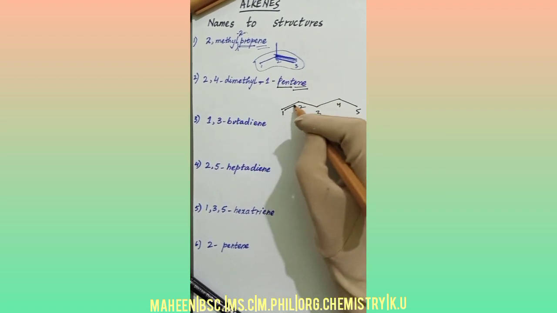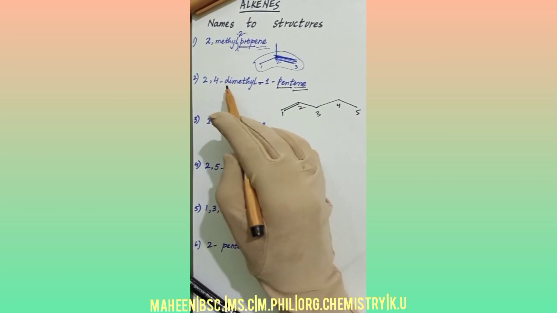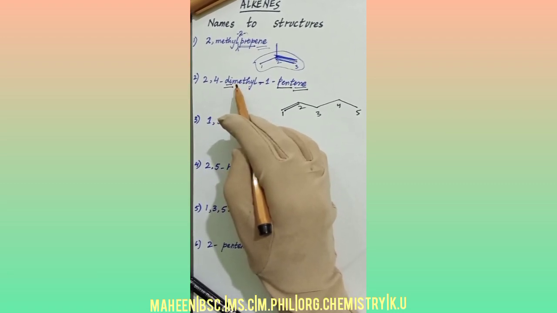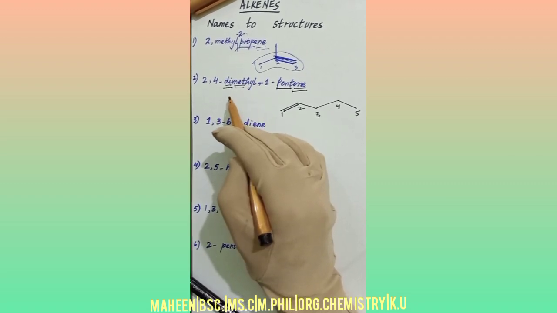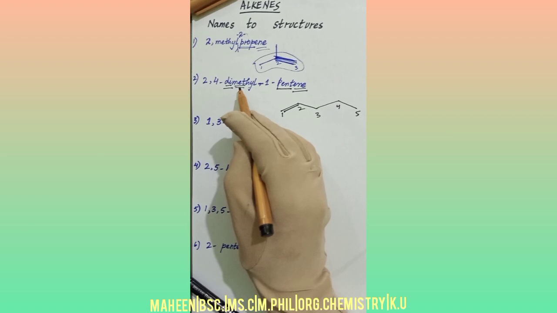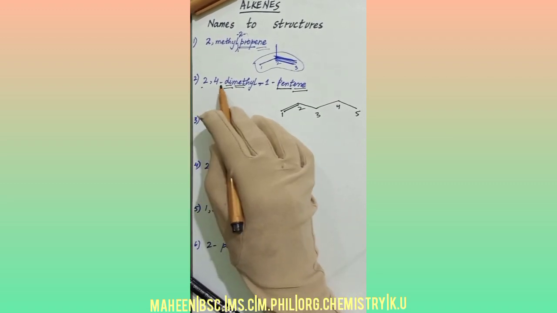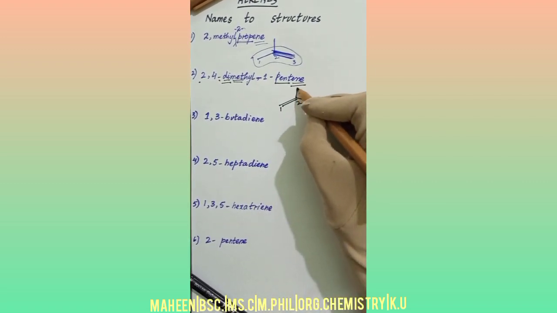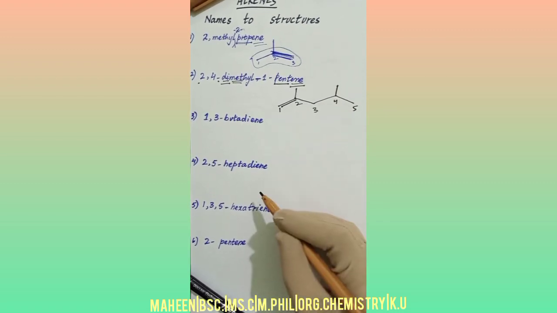Okay, double bond here. And coming to the next portion, dimethyl, it means 2 methyl branches are present, which is composed of 1 carbon, which meth represents 1 carbon atom. So there are 2 methyl groups present at which position? 2 and 4. So I will write methyl groups here and here. So it will be our final structure.